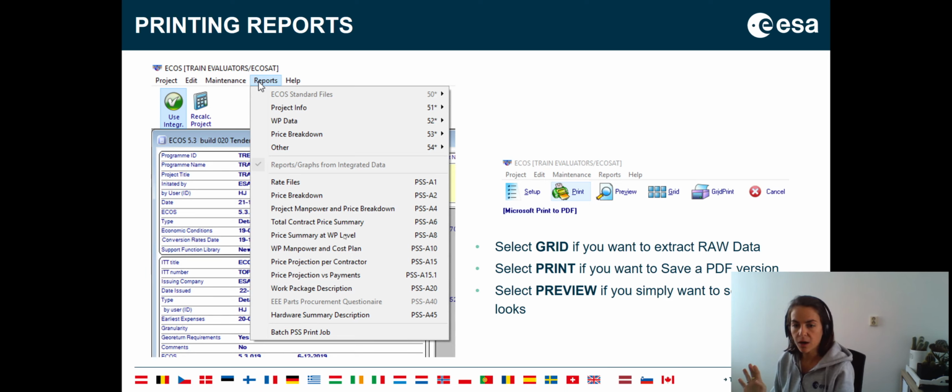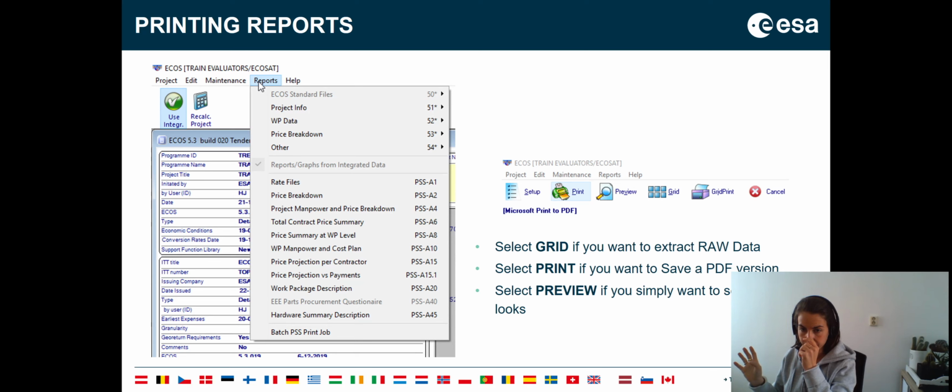When you click on one form, you will be asked to choose between the different setups. You can choose to export it as a grid, which means that you will export raw data and you will be able to copy and paste it into Excel. You can choose to print it as a PDF, and this is what we will do.